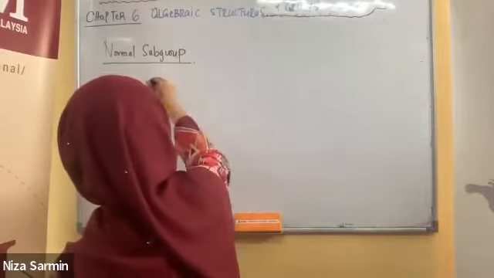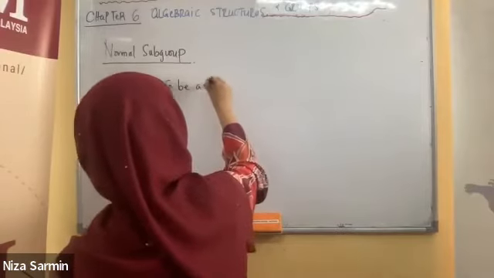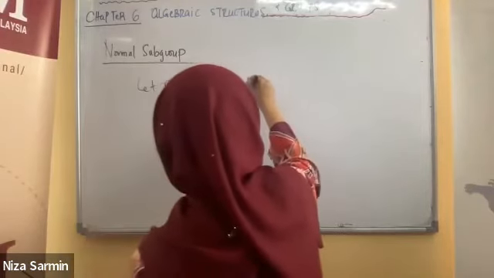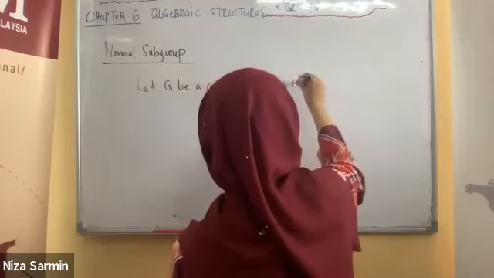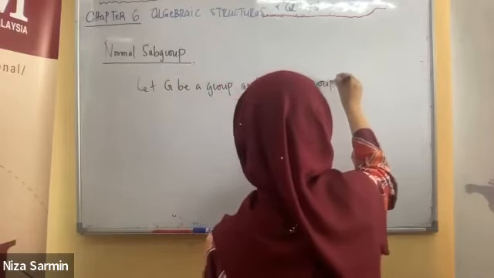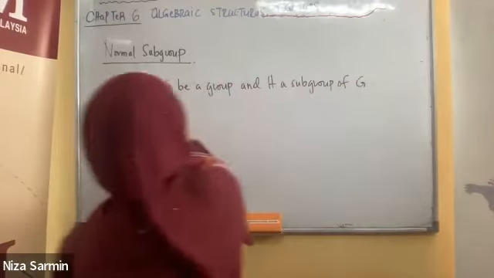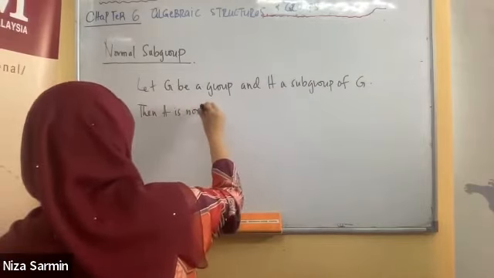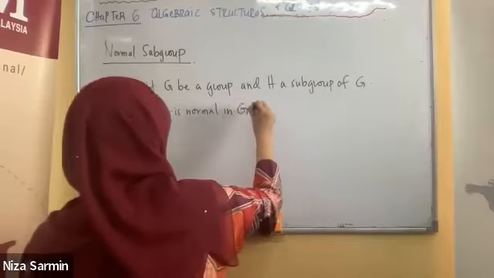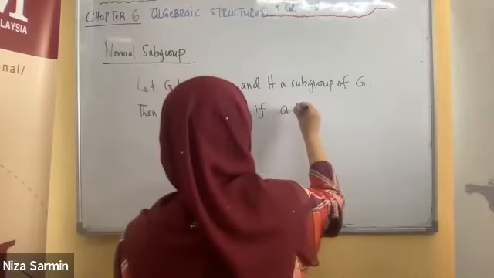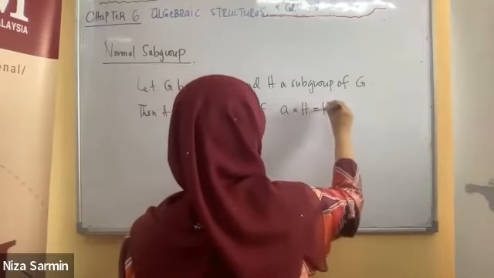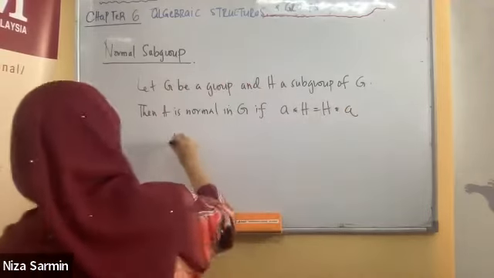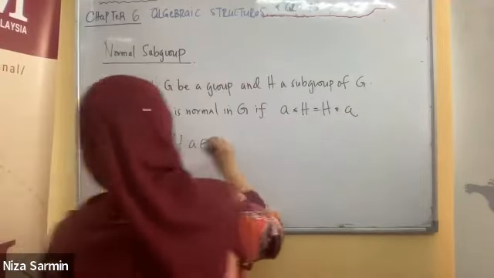So let G be a group and H a subgroup of G, then H is normal in G if aH = Ha for all a in G.